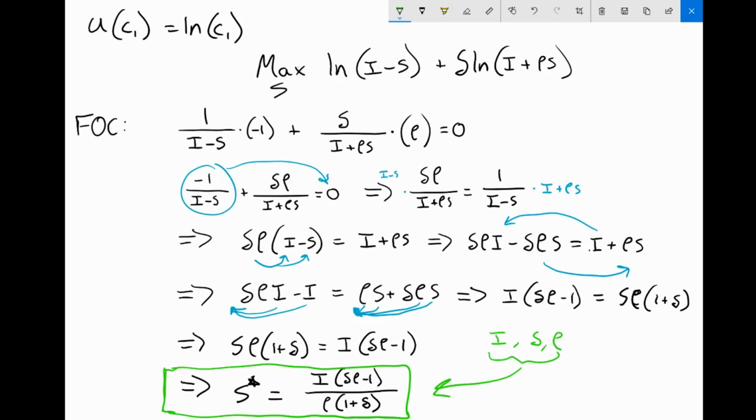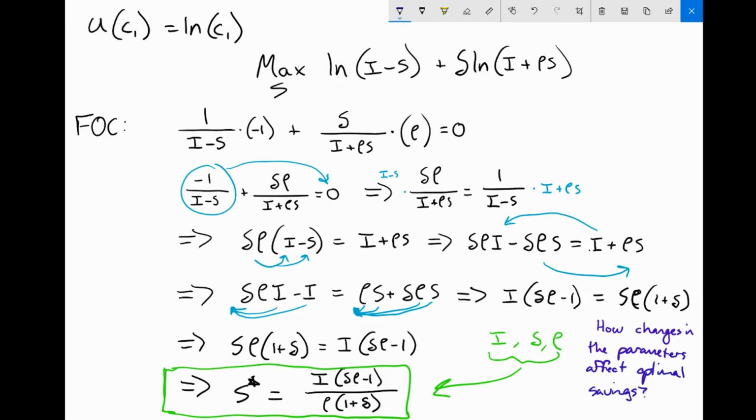Optimal savings decision. Now what makes this whole process interesting is that we're going to be able to take this and derive predictions as to how changes in the parameters affect optimal savings.